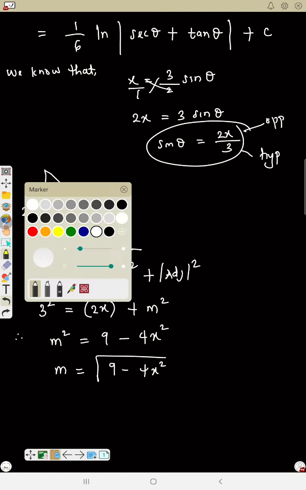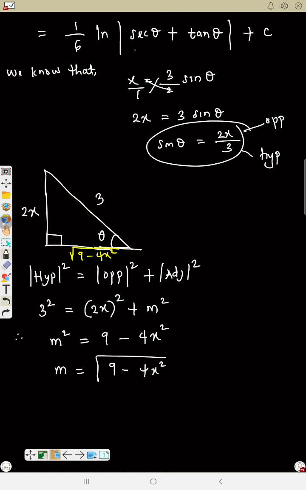Now, as we know that place, we can now find sec theta and tan theta. Now, what is sec theta? If you use SOHCAHTOA, this is cosec, this is sec, and this is cot.